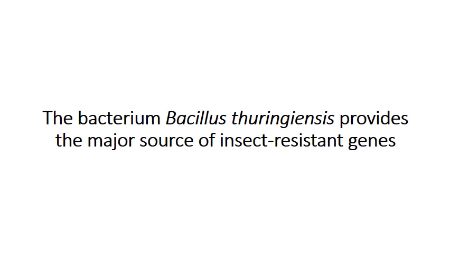Bt toxins have been used as a topical insecticide since the 1930s, but never gained widespread use because they are rapidly broken down on exposure to daylight and thus have to be applied several times during a growing season. Additionally, only insects infesting the exposed surface of sprayed plants are killed.